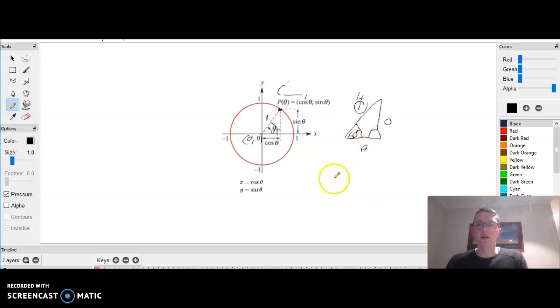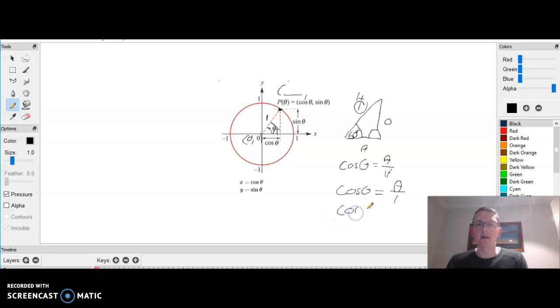You'd use cos, right? Cos theta equals adjacent over hypotenuse. In this case, though, the hypotenuse is what? The hypotenuse is 1, so the denominator's 1. Now, any number over 1 is just that number itself. So in this case, we can say that cos theta equals the adjacent.